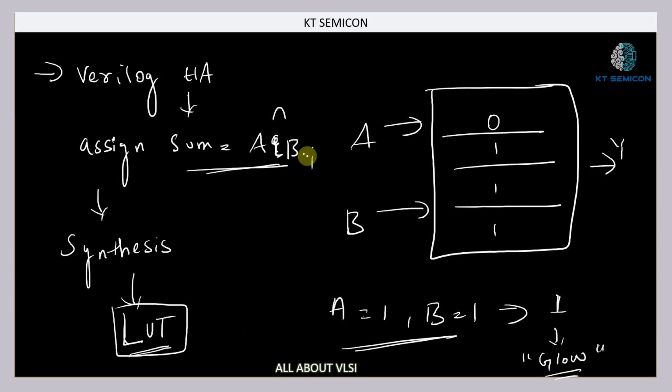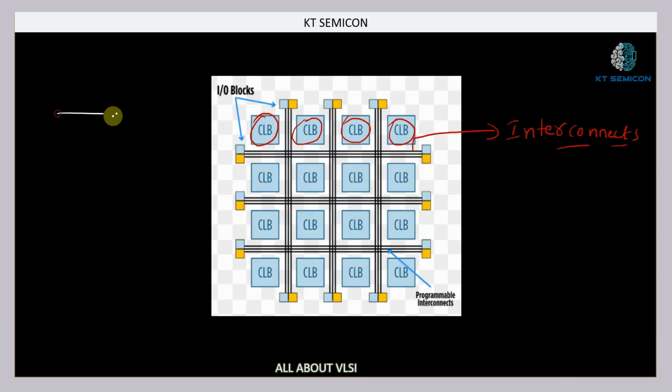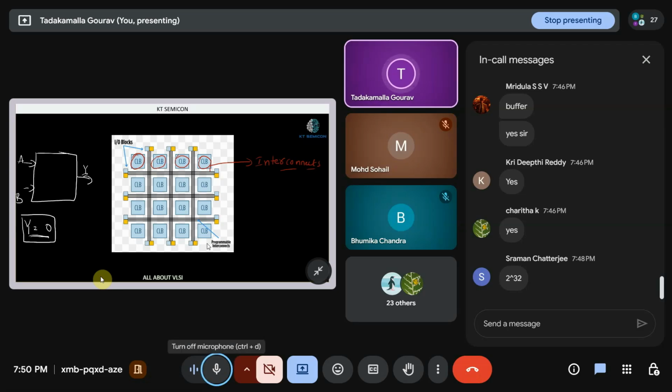Okay, let me give you a brief idea. Let's say I have a black box with two inputs. I don't know the functionality of this black box, and this is my output Y. Now, this output Y can be zero, right? That means I'm not going to get any output, that is Y is equal to zero.